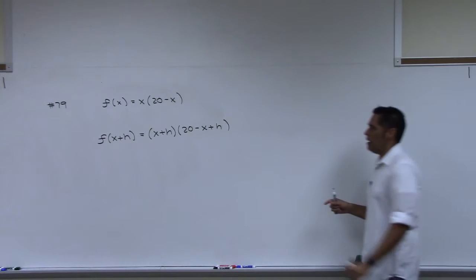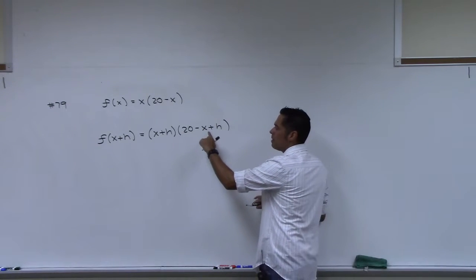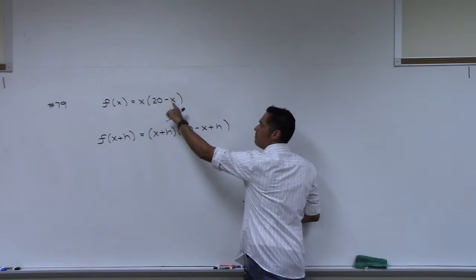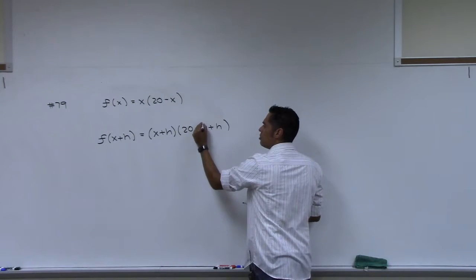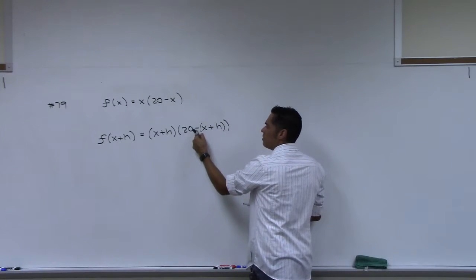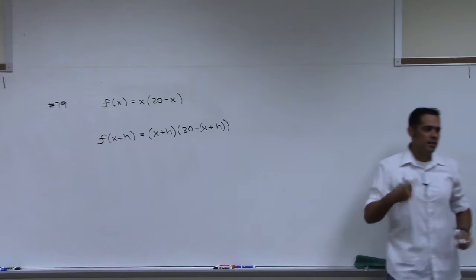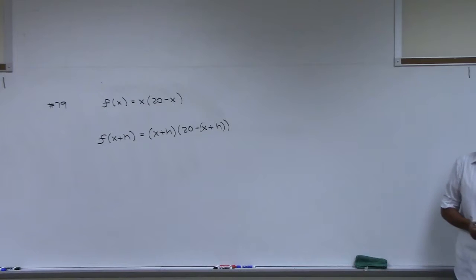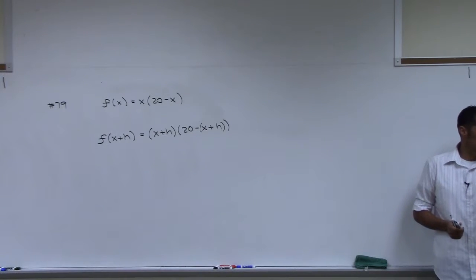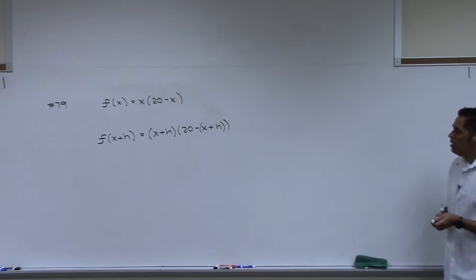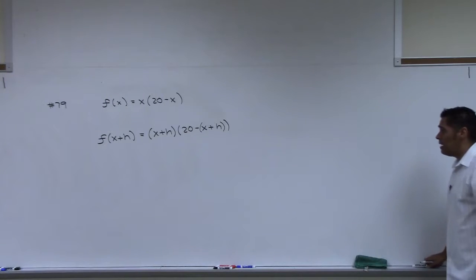And the other one is really tricky because you're subtracting x. If you replace it with x plus h, that means you're going to subtract the x and the h. If you don't put the parentheses there, you're going to miss that minus h. We good? All right. That is f of x plus h.